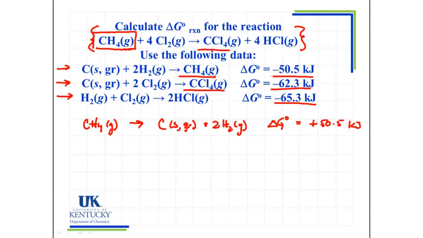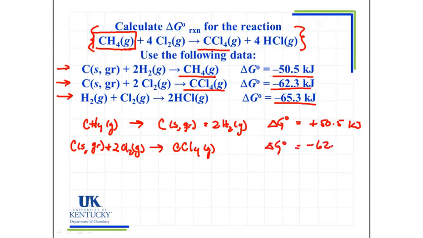See it here. And it's on the correct side of the equation. It's the correct quantity, so I'm going to bring that reaction down just as I see it. Carbon in the form of graphite plus 2 Cl2 gas produces CCl4 gas. Since I'm using the reaction exactly as I see it, I will use the delta G exactly as it's given.